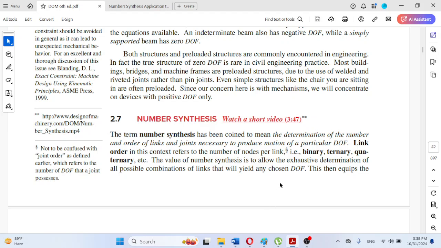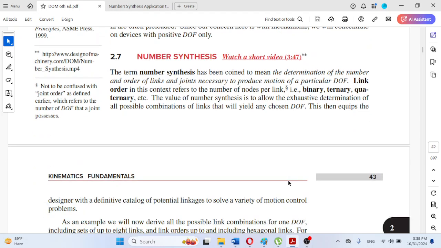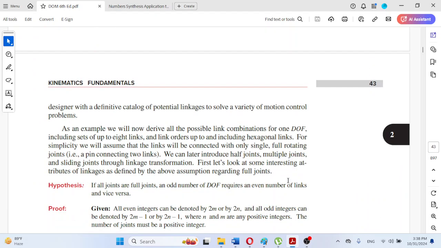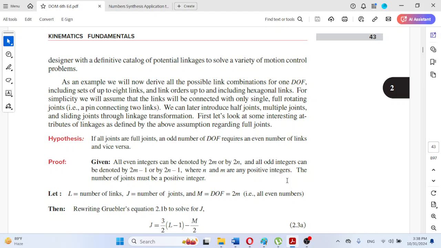So this article has been well explained in the class, but there are some important missing concepts that I would like to explain in this video. We are all familiar with this hypothesis that if all joints are full joints, an odd number of DOF requires an even number of links and vice versa.